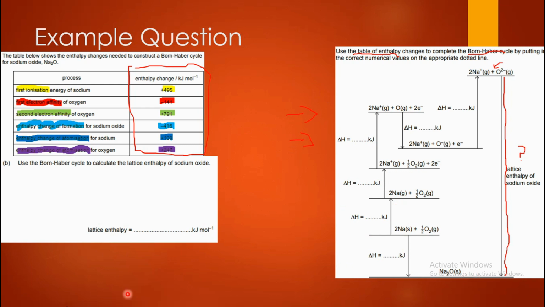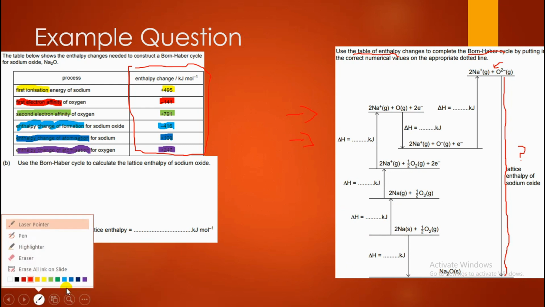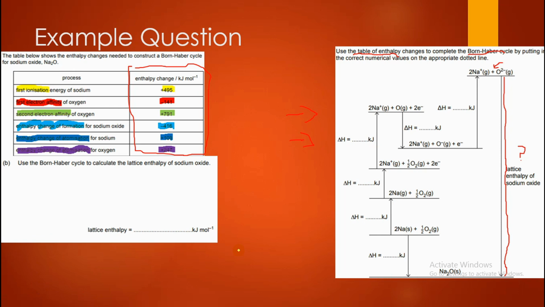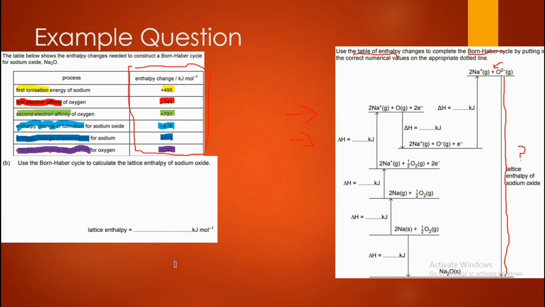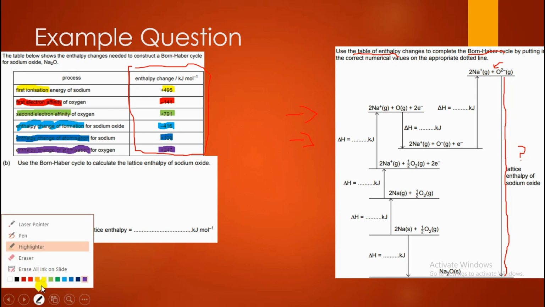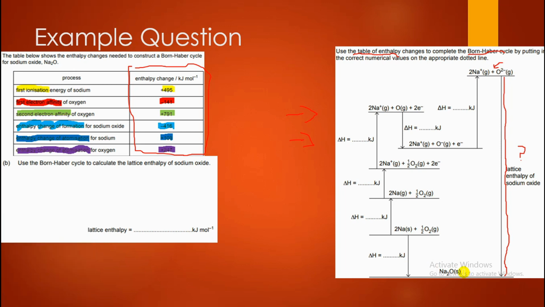We see that we have, oopsie daisies guys, okay, we have Na2O. So we have to connect this value to something.